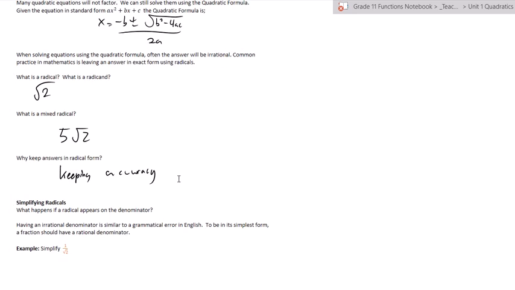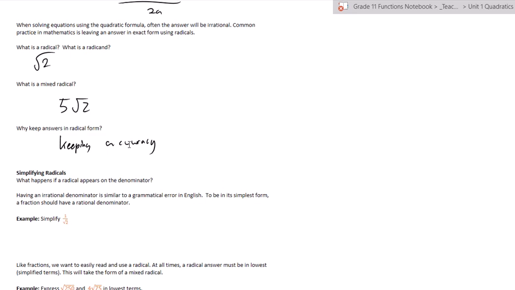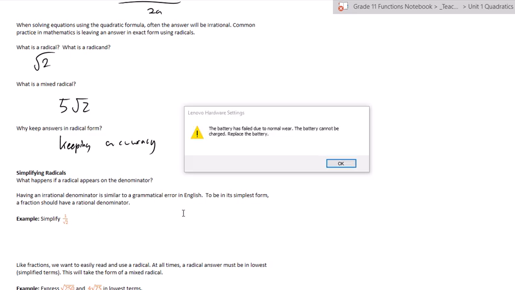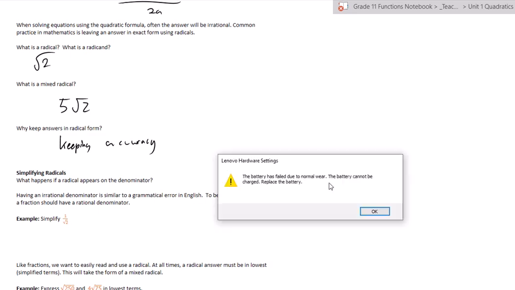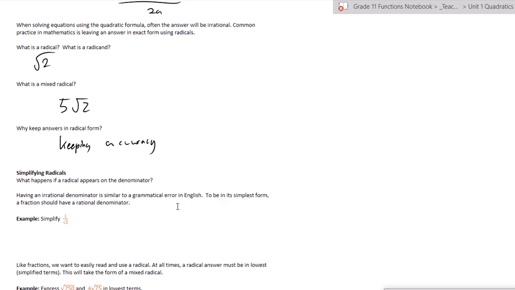So, simplifying radicals. We want to keep radicals as much as possible in their lowest form. But what happens if a radical appears in the denominator? Having an irrational denominator is similar to a grammar error in English. To be in the simplest form, a fraction should have a rational denominator. So for example, if I have 1 over root 2, I don't want that root 2 down there.